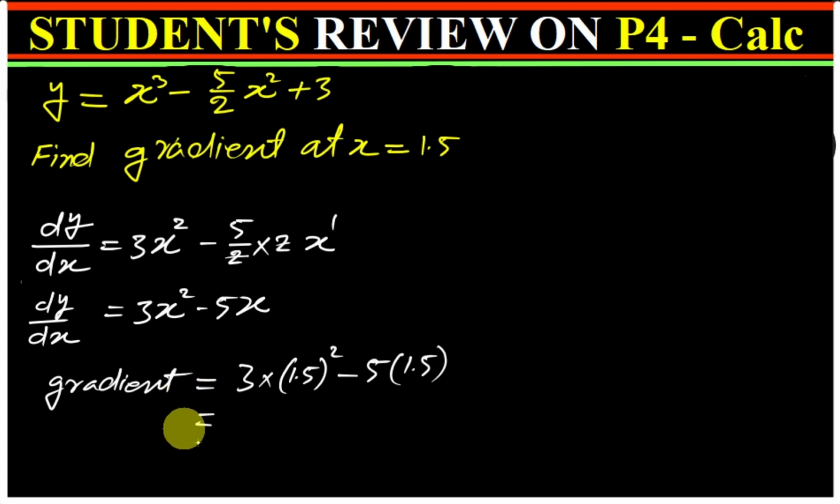Now we have to use a calculator to solve it. You can just substitute the value in the calculator and you will get the answer. So you will be getting minus 0.75. So this is the gradient of this curve at x is equal to 1.5.